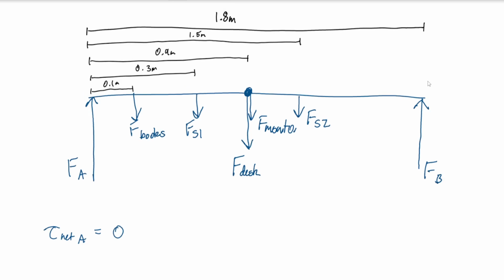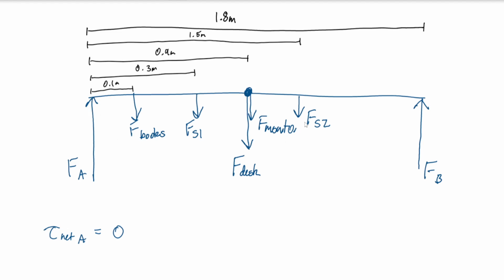You could have chosen B and worked out the distances going the other way. Absolutely fine. I just chose A in this instance because we're looking for both FA and FB, so it doesn't really matter. If we were looking just for FB, you'd want to choose the pivot point at A, because the torque at A cancels out because it's at a distance of 0.